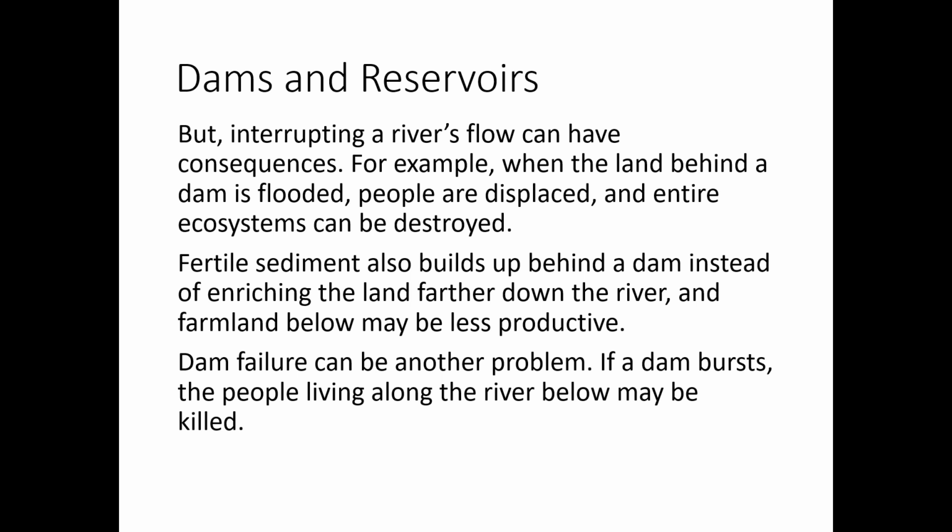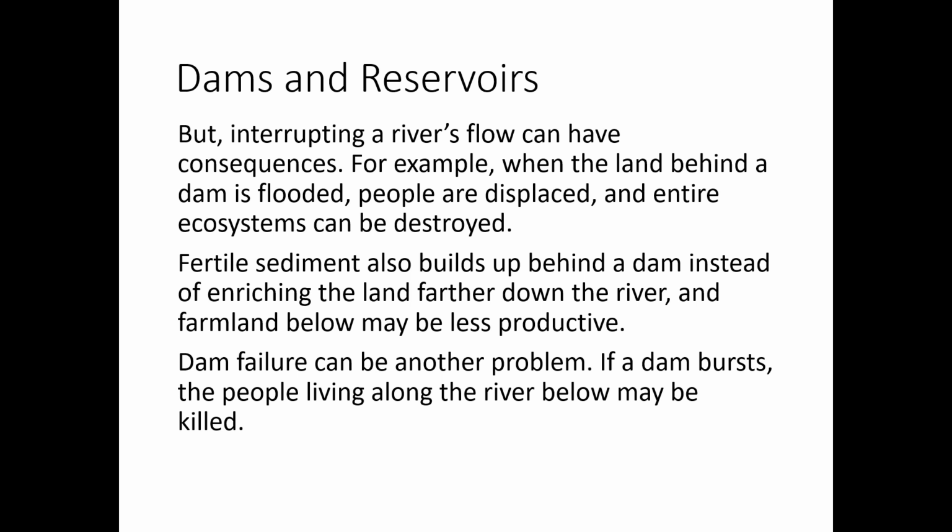Another thing that can happen is that fertile sediment can build up in the reservoir behind the dams. That's because rivers normally, yeah, it's water, but floating in that water is a bunch of sediment that's really, really good for agriculture.